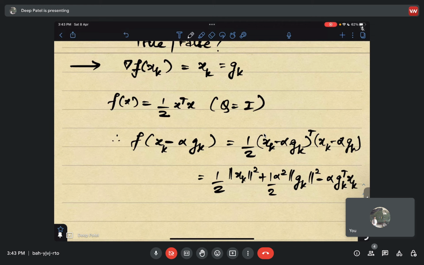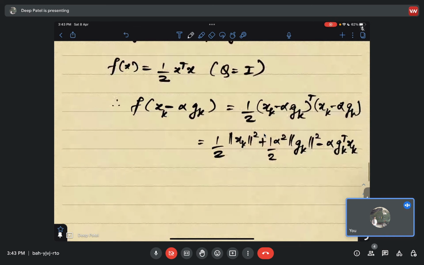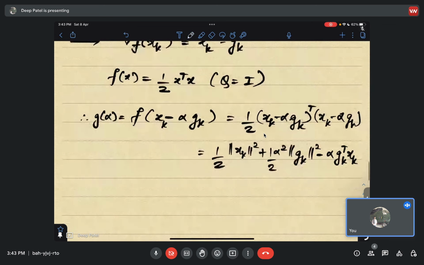This is fine, right? xk transpose xk minus alpha gk transpose xk. Yeah, this seems fine. By the way, this is g of alpha. Slightly sloppy notation, but this g is not the same as gk; this is our line search function.